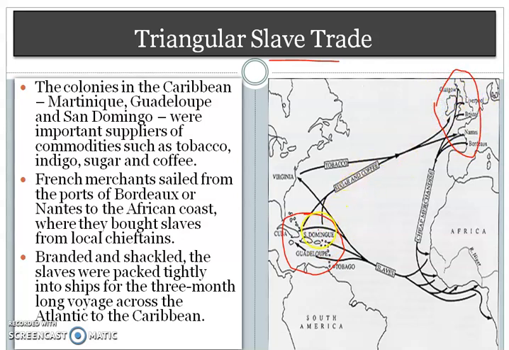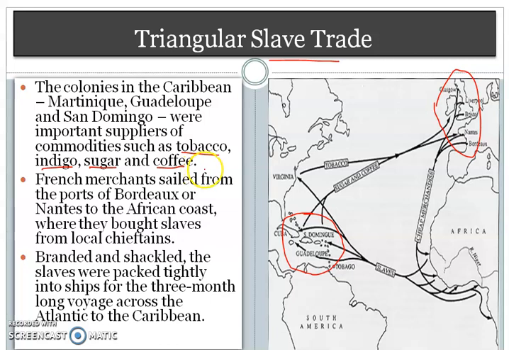And in these islands there were large farms known as estates, and these farms were used to grow commercial crops like tobacco, indigo, sugar and coffee.